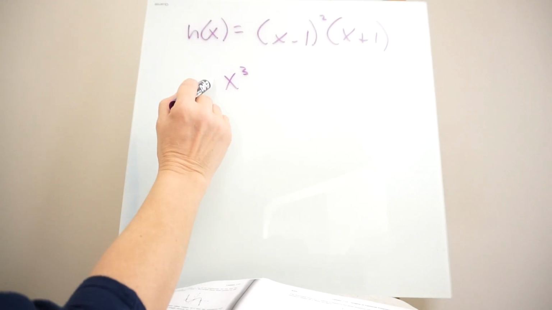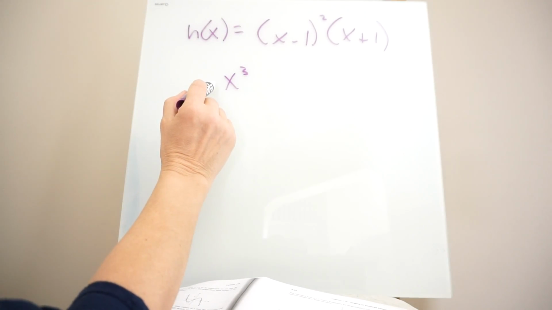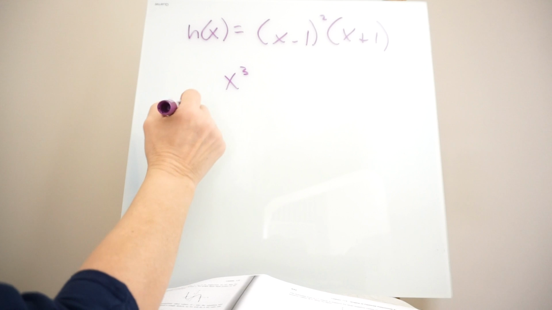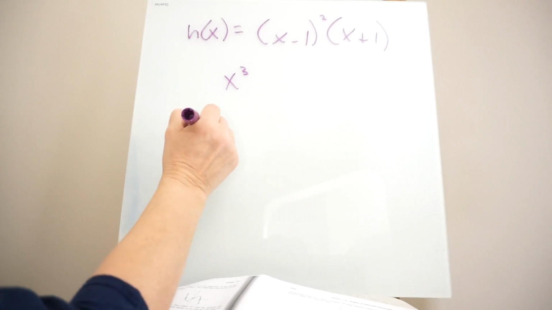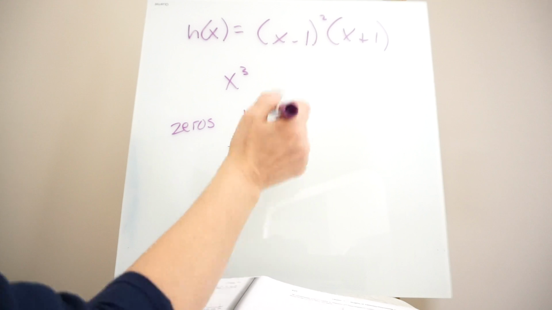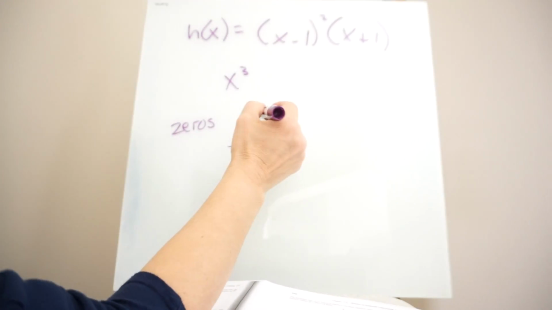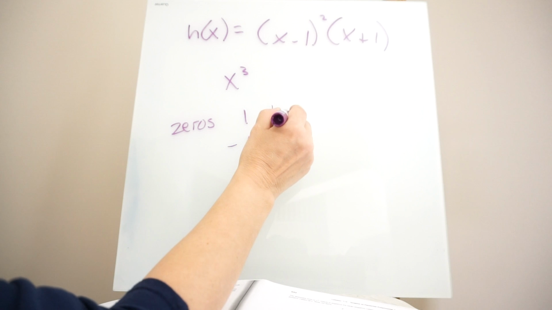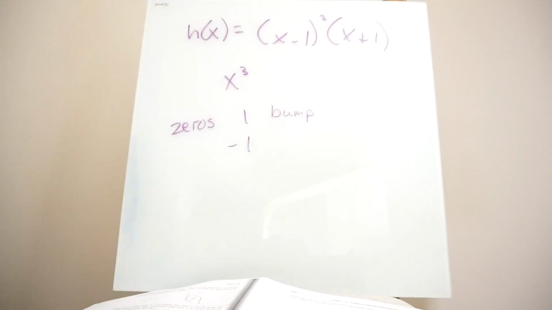We know that the sign in front of the x is going to be positive. We know that we have the zeros at 1 and at -1. Because this is squared, we know that it's only going to bump at 1, and then it's going to cross at -1.